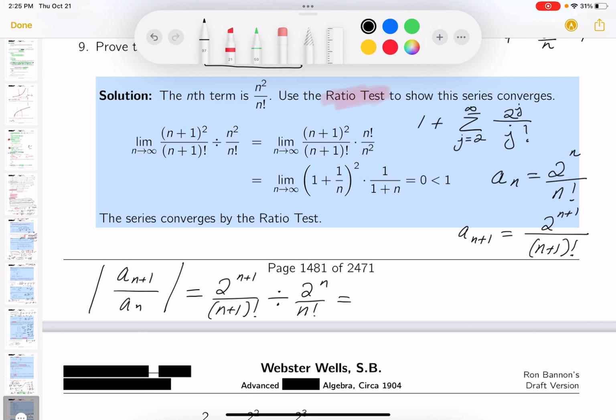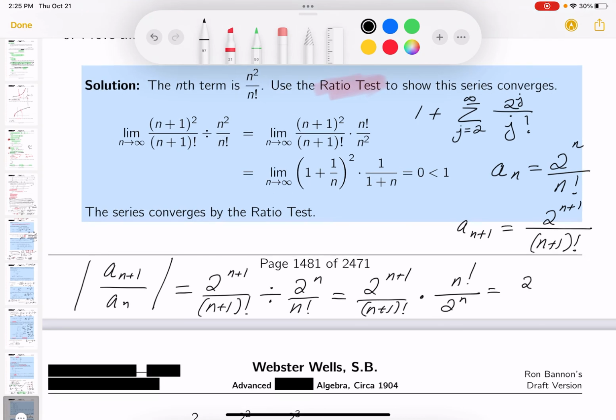Well, I'm still going to simplify that. And what do you get? 2 to the n plus 1 over n plus 1 factorial times n factorial over 2 to the n. Does this reduce nicely? It does. What are you left with? 2, all right, simple rules of exponents. And let me just go through this with you.